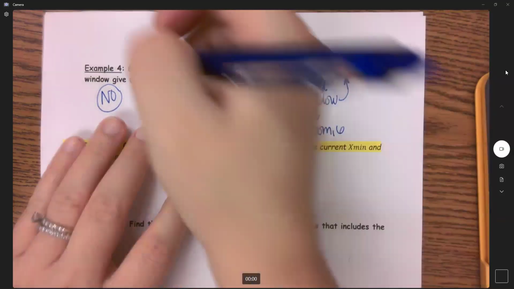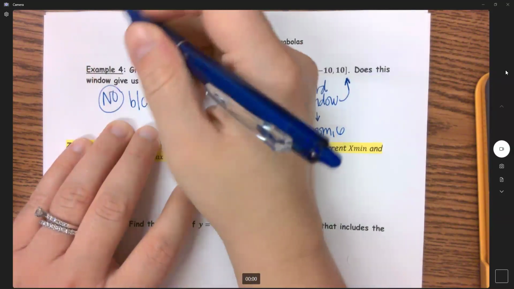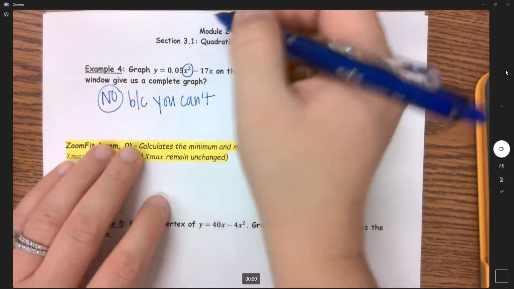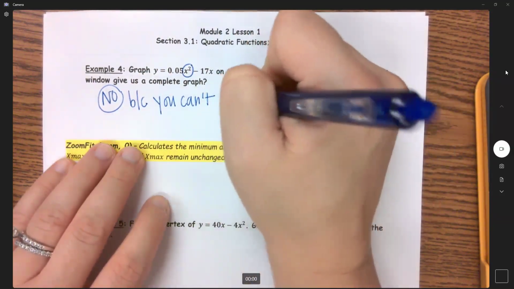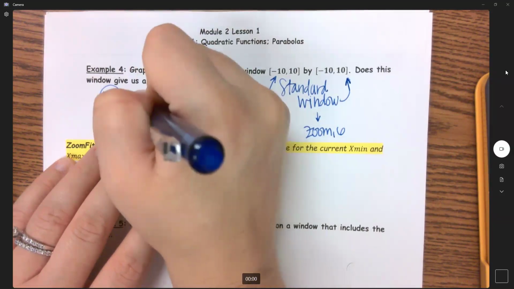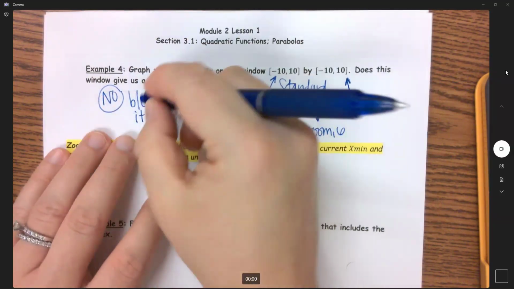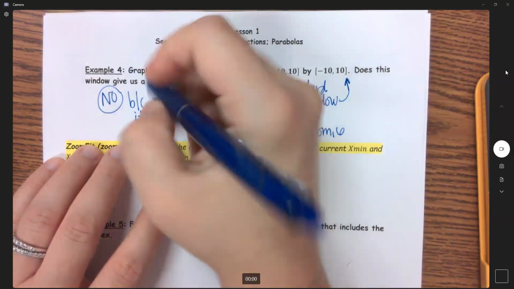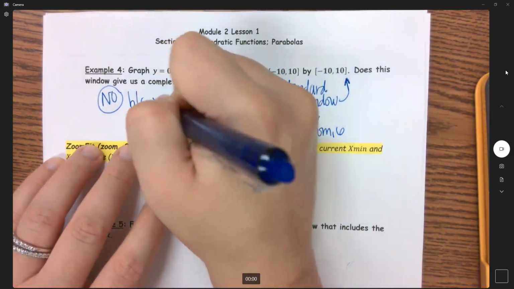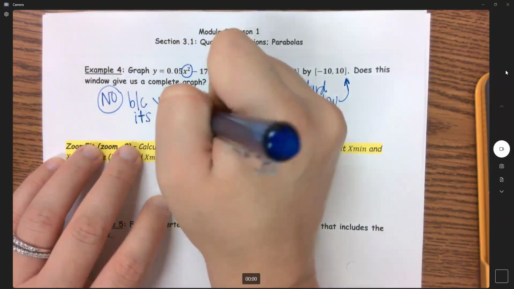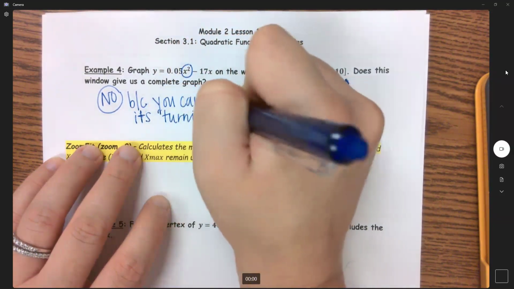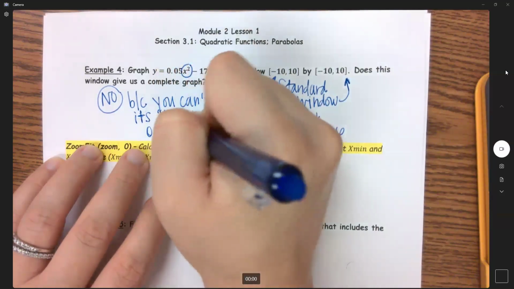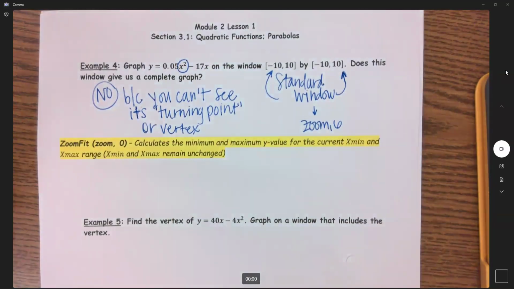Why is it not? Because you can't see its turning point, or otherwise known as the vertex.